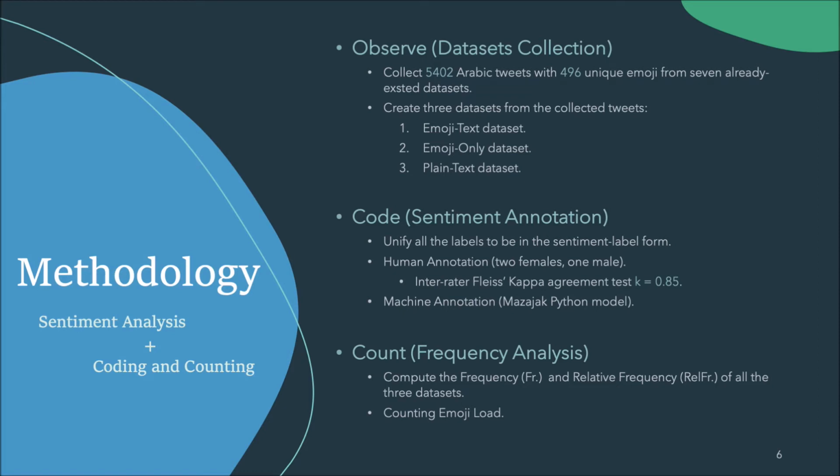This was done independently by 3 native Arabic-speaking annotators, 2 females and 1 male. To test the reliability of this coding process, we used the inter-rater Kappa agreement test that resulted in k equals 0.85, which is interpreted as a general high agreement among the 3 annotators.